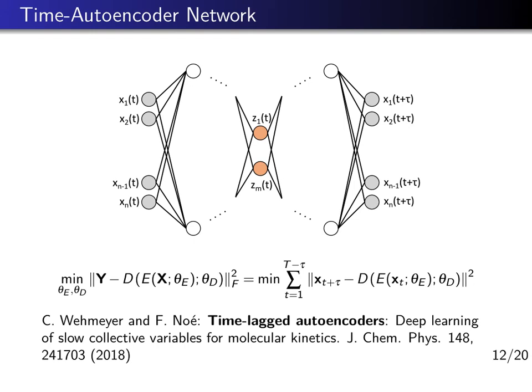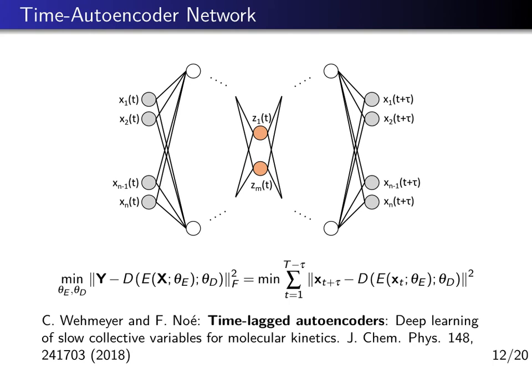So what happens here is we take our input data, xt, we apply our encoding network, go to latent space C, apply our decoding network, go back to full dimensional space and compare the result with xt plus tau. So our autoencoder approximates the time transition from xt to xt plus tau, but is forced to go through this low-dimensional bottleneck. And as in the normal autoencoder, we minimize this reconstruction error shown here.